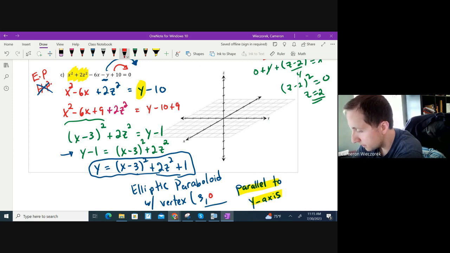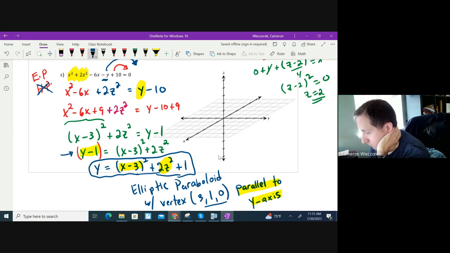Yeah, this is why I kept the y minus 1 over here. My bad. This is going to actually be 3, 1, 0. Because if I look here, x is 3. If I look here, y is 1. Z has no shift. There's no parentheses for z. So it's going to be 3, 1, 0. Apologies for that part.